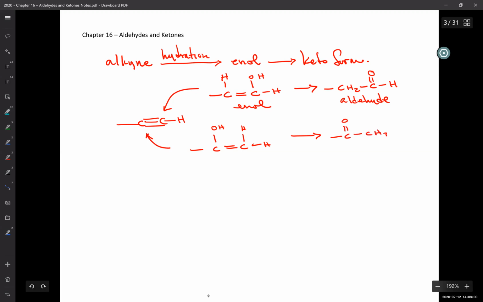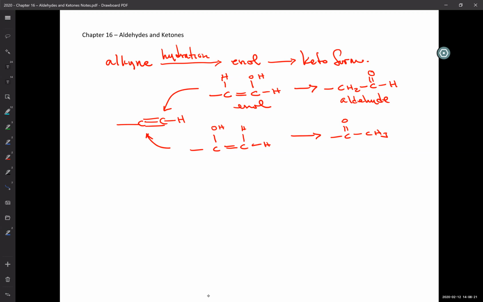In this case, it'll be what's called a methyl ketone. There's a methyl group to the right. But if it's an internal alkyne anywhere in the middle, it will do that. If it's an internal alkyne, you always end up with two products. Sometimes if it's a symmetric alkyne, you'll get the same product twice, but it always ends up forming two.